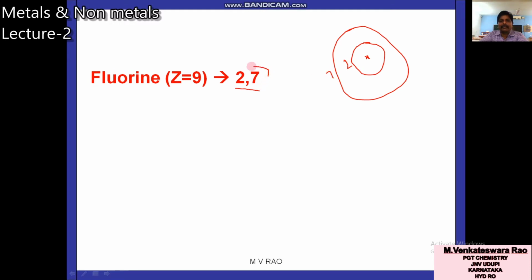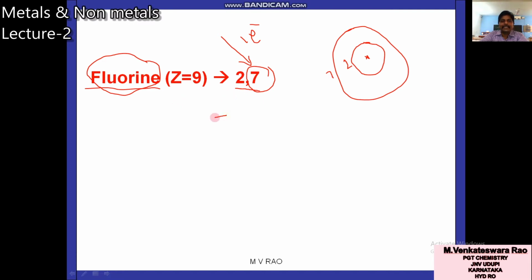How many electrons are there in the valence shell of this fluorine atom? 7 electrons. Is it stable? No. It needs 1 electron. That means this fluorine atom is ready to gain 1 electron from other atoms, so it has more tendency to gain electrons.